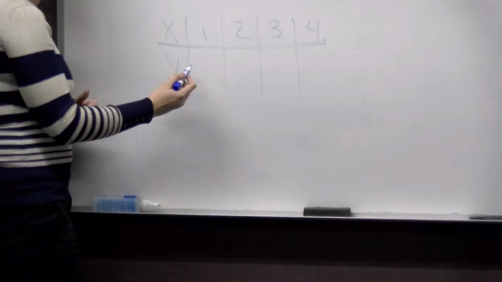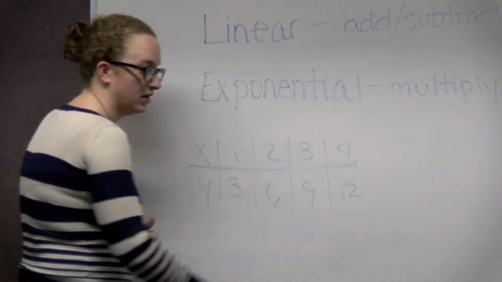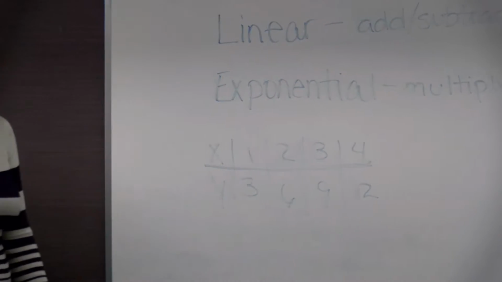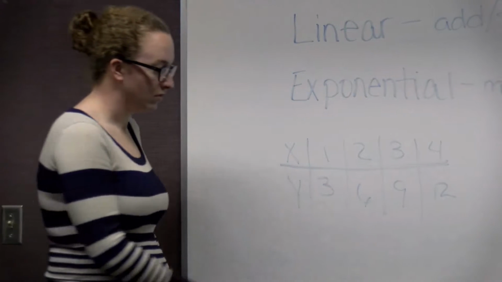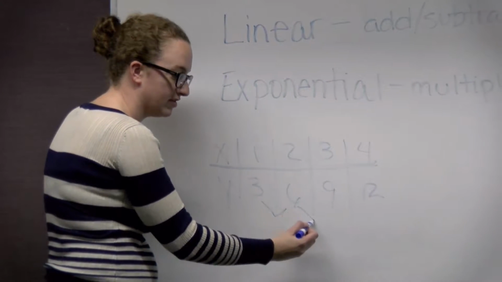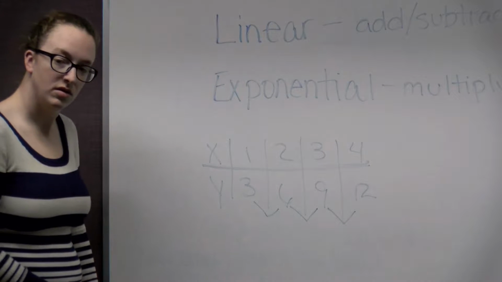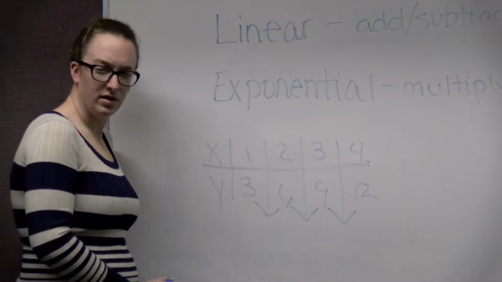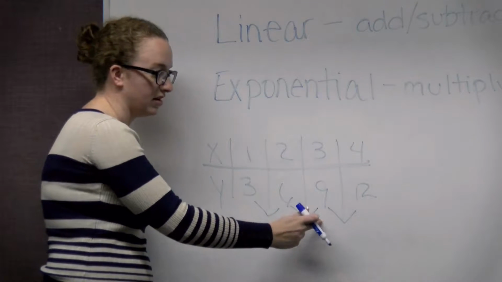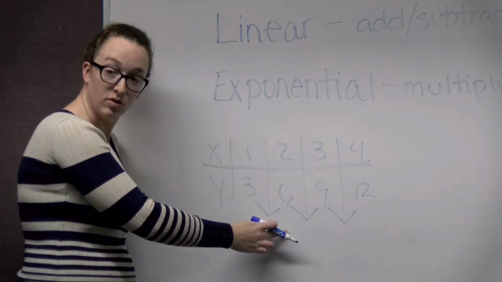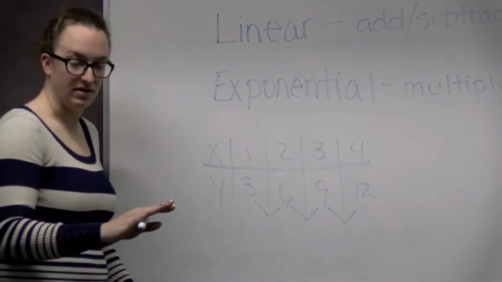If y is going 3, 6, 9, 12, would that be linear or exponential? Look at your y's and ask yourself, what's happening every time? Multiplying by what? From 3 to 6 we can multiply by 2, but then 6 times 2 is 12, not 9. So that one doesn't work because it doesn't happen every single time.